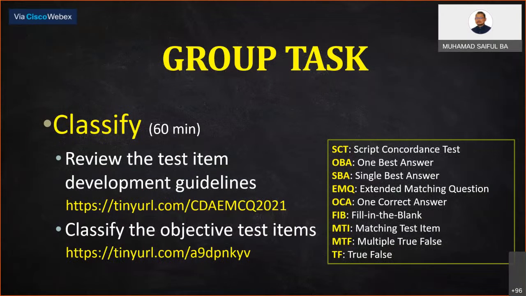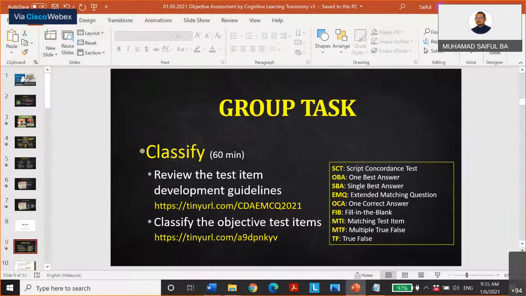Okay, now these are the group tasks. I'm going to give you a guideline. I already summarized the guideline in one document. So your task is you need to classify, give classification to each of the questions, whether they are script concordance, OBA, SBA, EMQ, and so on, based on the guideline that I'm giving you soon.